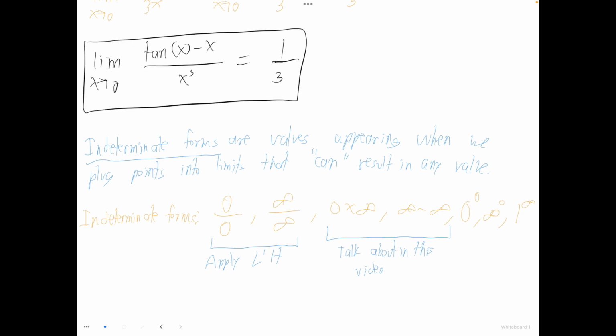And we're going to talk about the other 3, which all are solved in the same way, in the next video. I'm just mentioning this so you know where to look for how to deal with these. We've dealt with the first two, now we're going to deal with the next two.